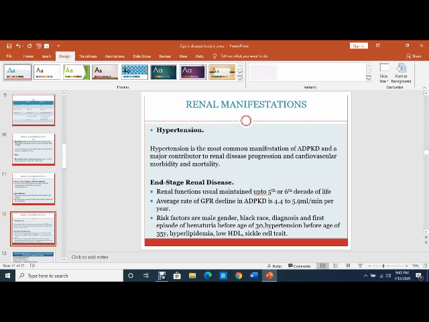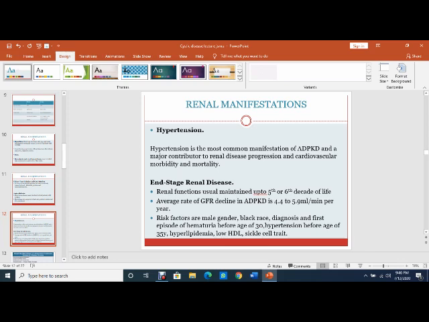If it increases the viscosity of the blood, it increases the peripheral vascular resistance. So blood pressure is defined as cardiac output multiplied by peripheral resistance. And the renin-angiotensin mechanism is also involved in the development of hypertension.